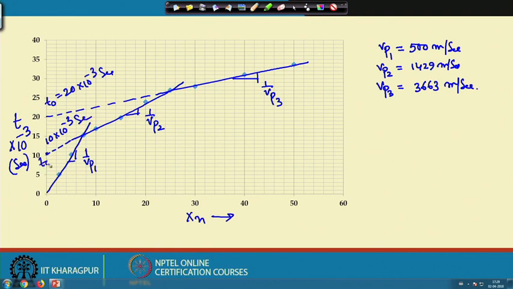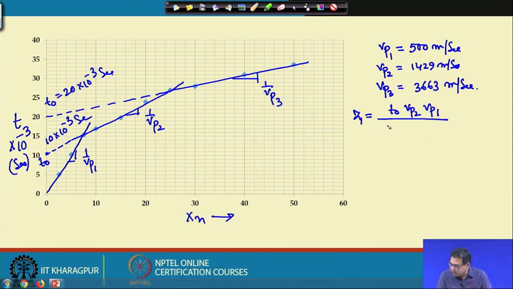Now, from here we get z 1 equal to t 0 times, in simplified form of this equation, V p 2 into V p 1 divided by 2 root over V p 2 square minus V p 1 square. Now, if I put these values, you will get z 1.